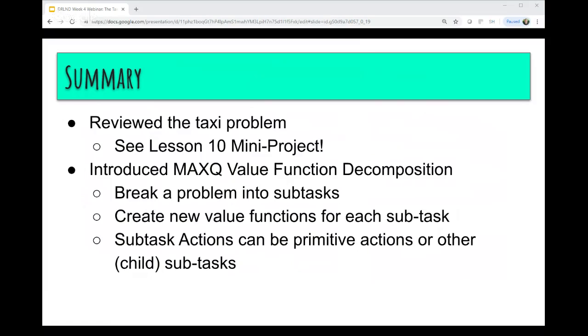They can either be primitive actions or they can be the child subtasks that are available to them based on the hierarchy that was established in laying out that function. So again, take a look at that paper. You can see some more details about how they actually implemented their algorithm and a lot of the theorems and things that they proved about the recursive optimality and other things. It's a very interesting read.